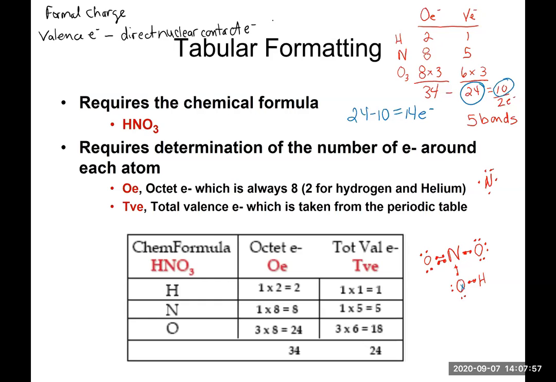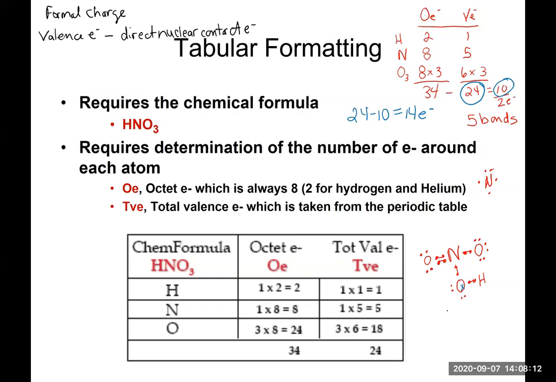And that's going to equal my formal charge. So let's have a look at this structure down here on the bottom right. And let's calculate the formal charge of the oxygen that has the little blue X in it.